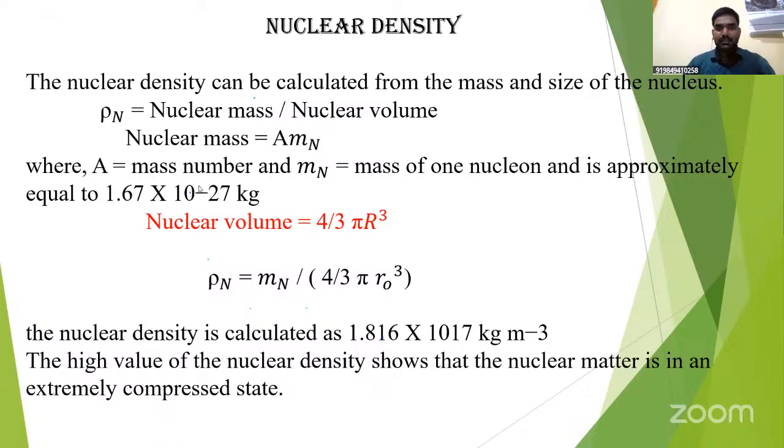A is the mass number and mn is the mass of one nucleon, approximately 1.67 into 10 power minus 27 kg. It is nearly equal to the mass of the proton, isn't it?